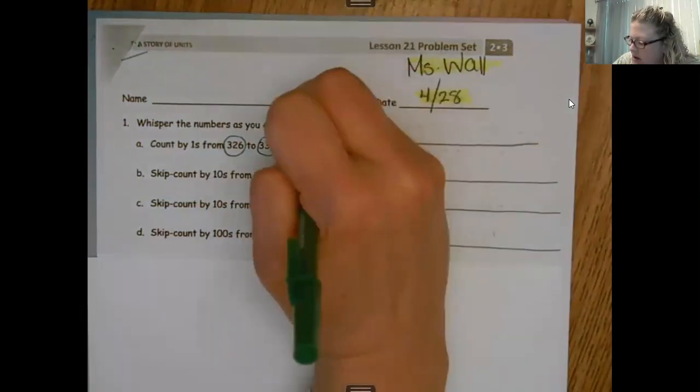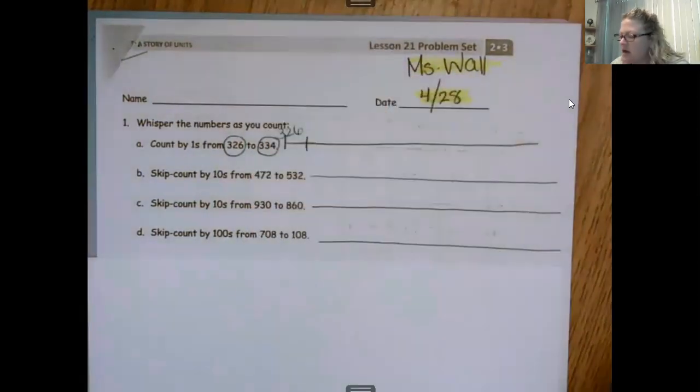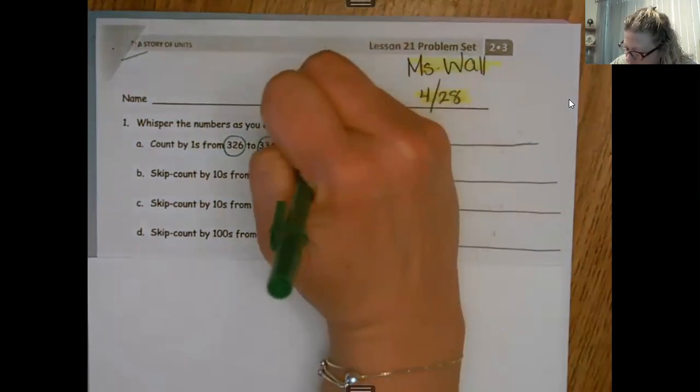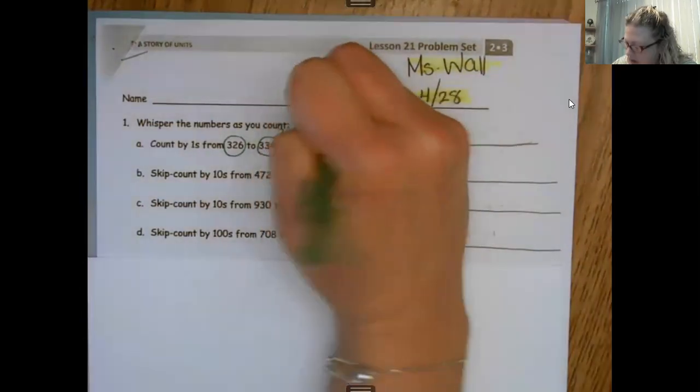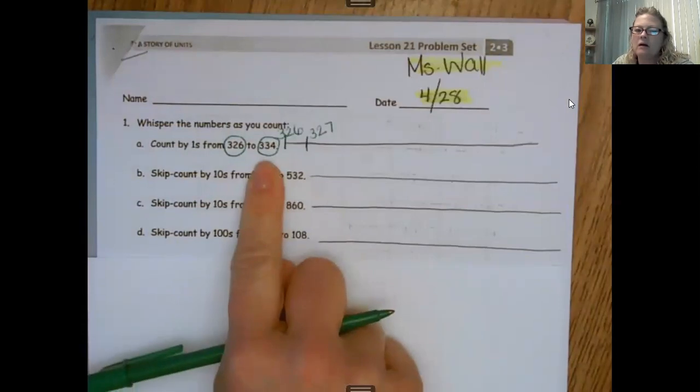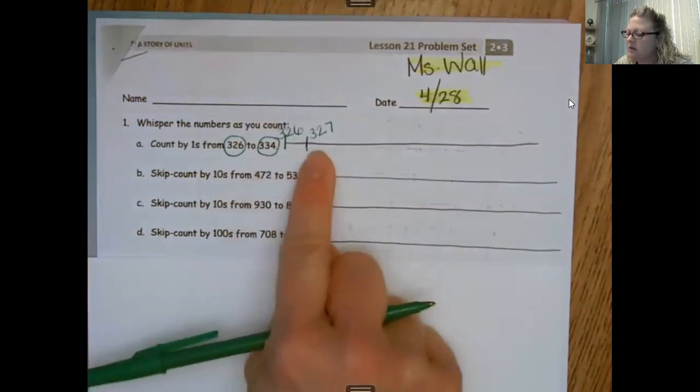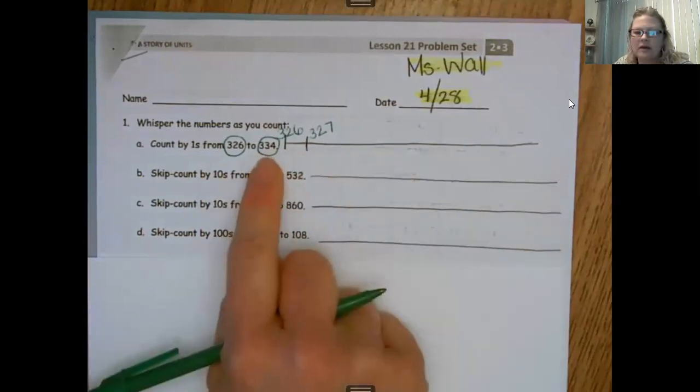So let's make another line, and then I'm going to write 327. And the number we stop at is 334. So I'm going to keep counting by ones until I reach 334.